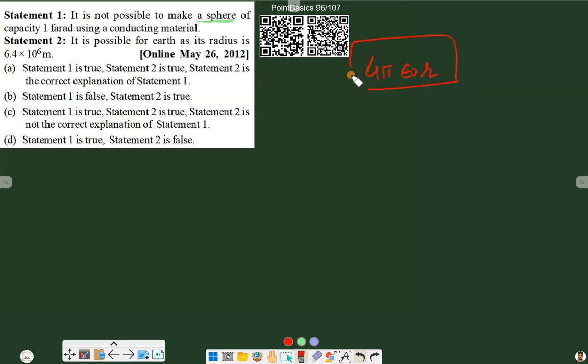This is the capacitance of a sphere. So it is given that capacity is 1 farad. So 1 farad should be equal to 4 pi epsilon naught r, and from this r is equal to 1 by 4 pi epsilon naught, and we know the value of 1 by 4 pi epsilon naught is 9 into 10 raised to power 9, so the radius is 9 into 10 raised to power 9 meter.